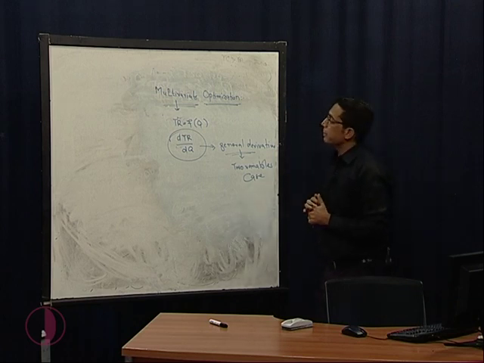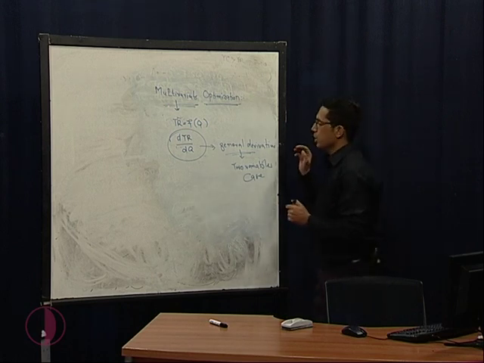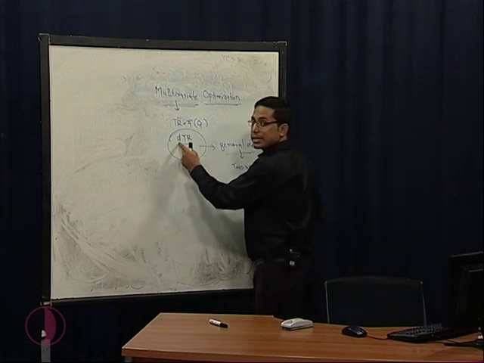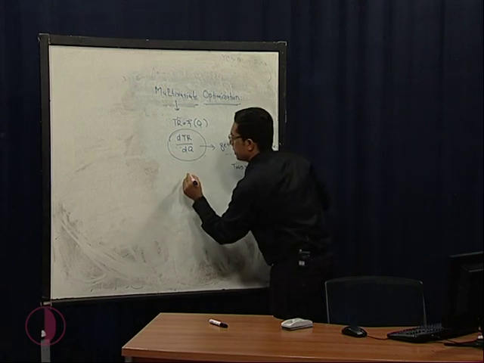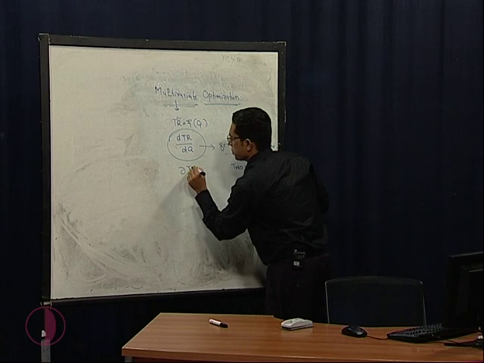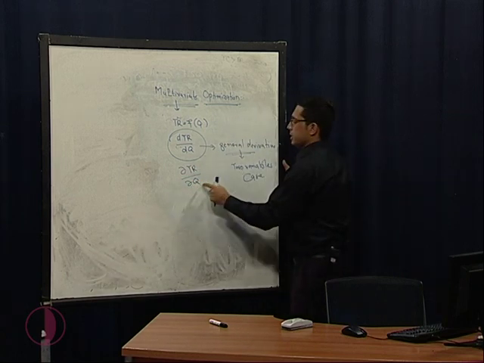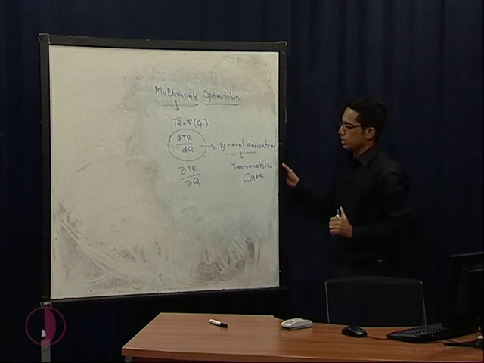But for the multivariate optimization where we have more than two variables, we will not use this symbol anymore. The symbol will be this. For example, change in total revenue caused by change in the units of output.